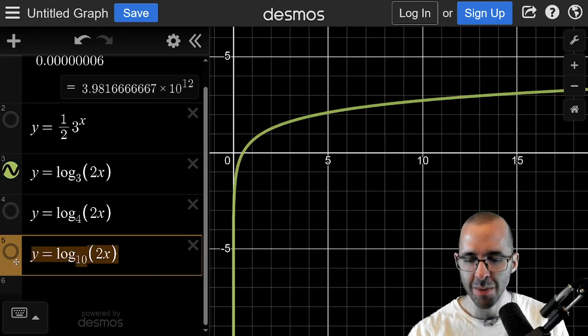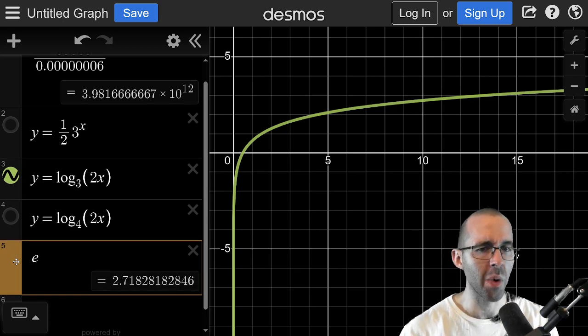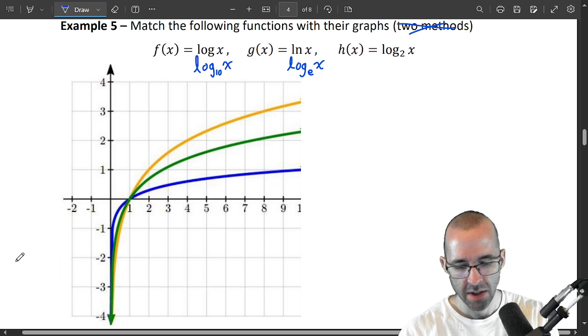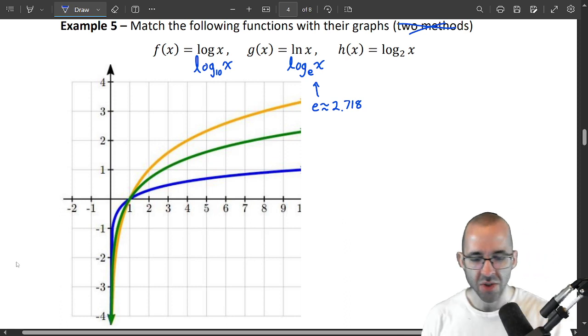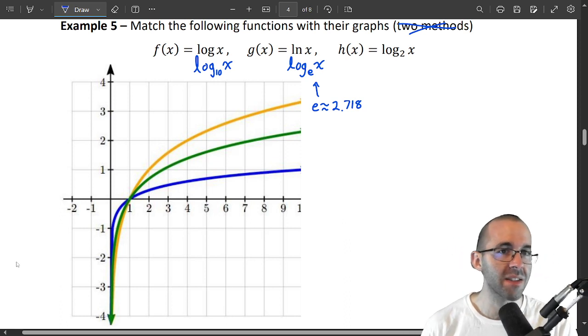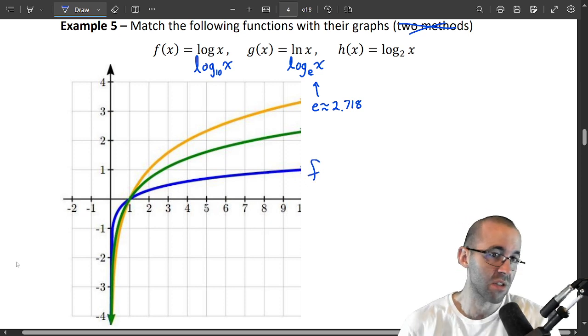You can always check on Desmos, or you can Google it. E is about 2.718. So E, we need to know that, about 2.718. Okay, so that's the second biggest number for the base. So this one's got to be F, because it's the biggest base, so it grows the slowest at the end.